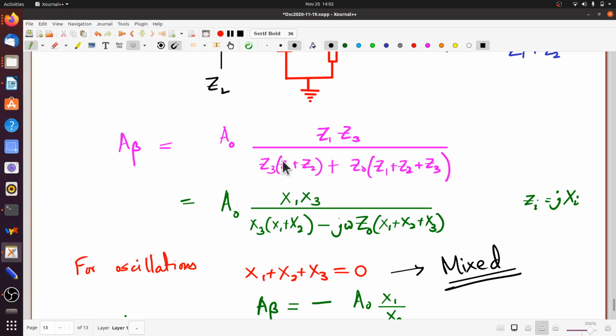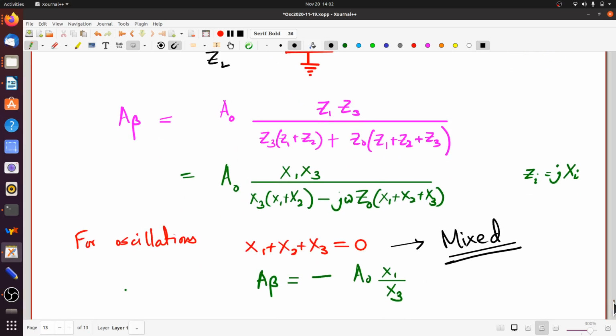And at the frequency at which this will occur, X1, X2, X3 are all frequency dependent. So typically this condition will be satisfied only at a particular frequency. And at that frequency, this one drops out. And X1 plus X2 is of course minus X3 then.